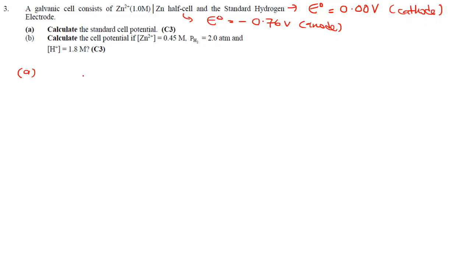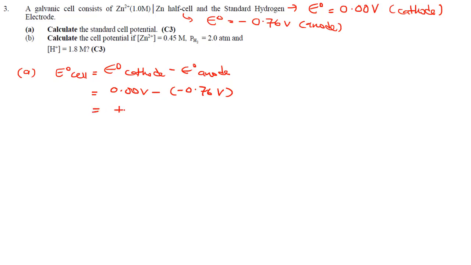Okay, then baru you can proceed to calculate the E0 cell tu, which is E0 cathode minus E0 anode. Okay, so cathode kita is 0, our anode is negative 0.76. So this one should give you positive 0.76 volt.